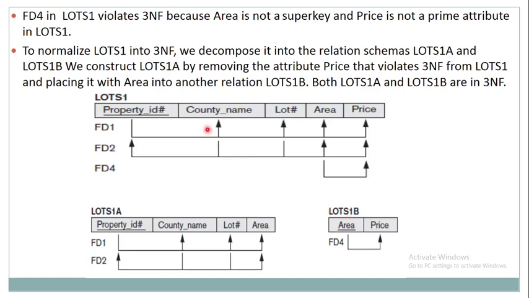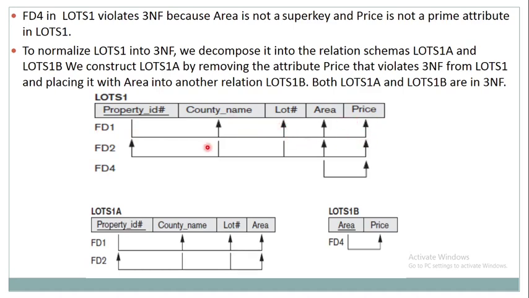Now let us understand one more example for the third normal form. As you can see, in functional dependency 1, check whether as per the third normal form there should not be any transitive dependency. FD1: property ID determines county name, lot number, area and price.